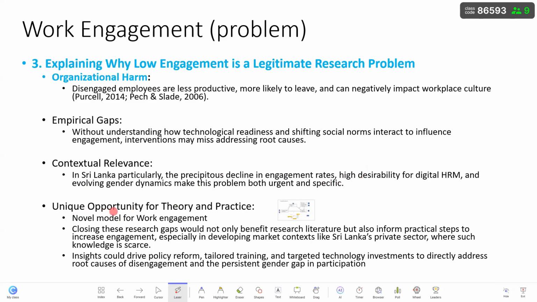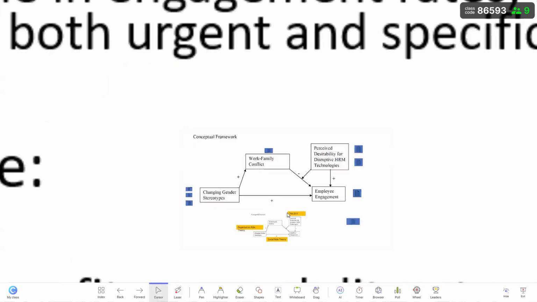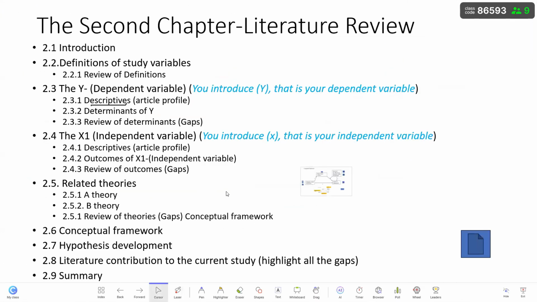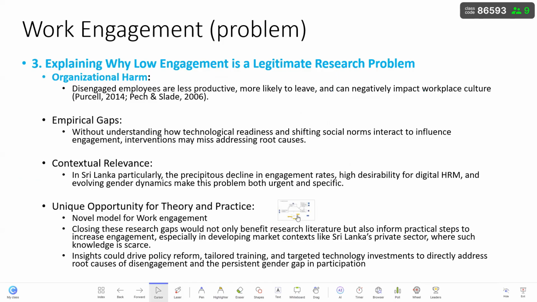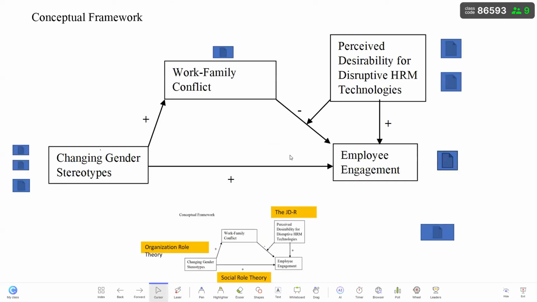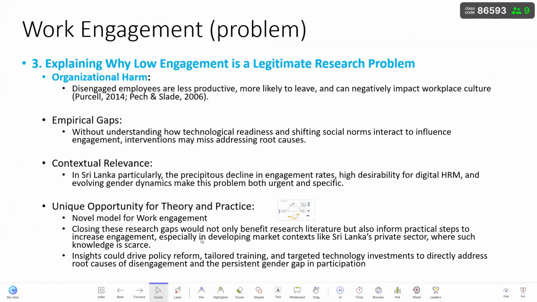And how this particular model enhances theoretical understanding, and how the findings of this study will be helpful for practice, especially for policymakers, needs to be highlighted in the problem statement or in the problem paragraph, right?